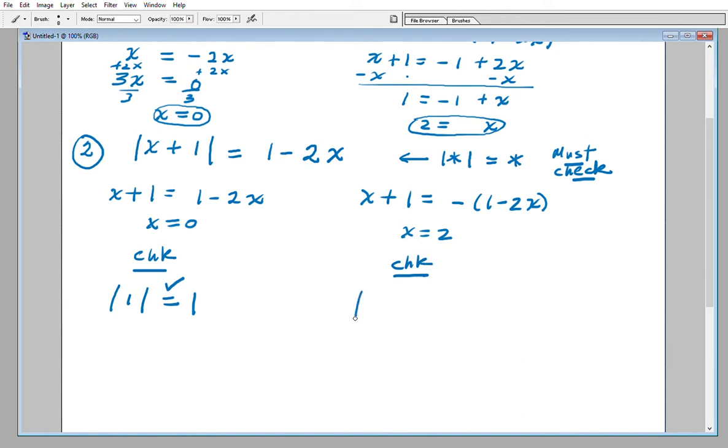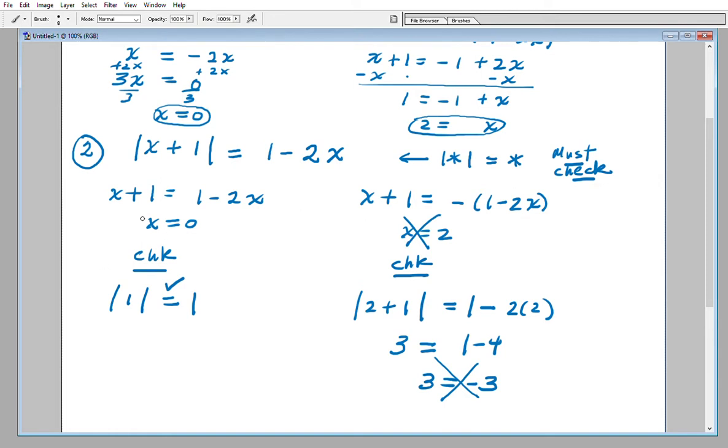So we have 2 plus 1, we have 3 over there, is equal to 1 minus 2 times 2, 1 minus 4. So here we have 3, absolute value of 3, which is 3, is equal to 1 minus 4, or 3 equal to minus 3. All right, so this one does not check. And we end up with just one solution, x equals 0.